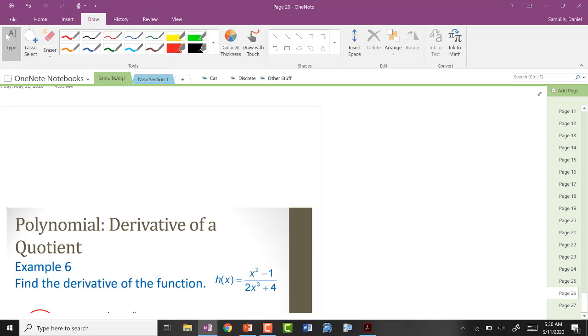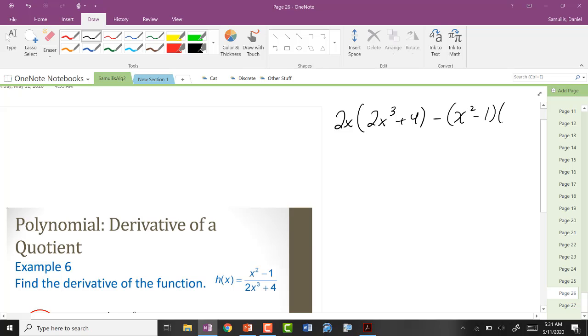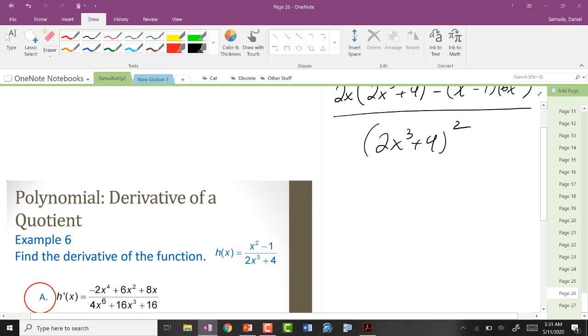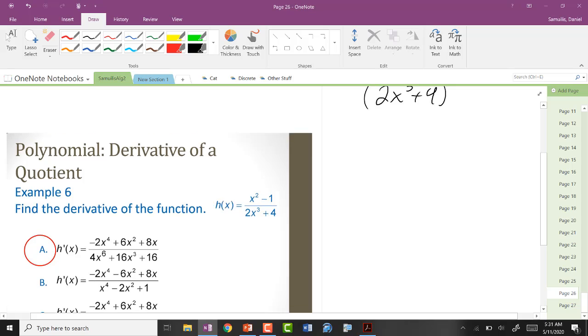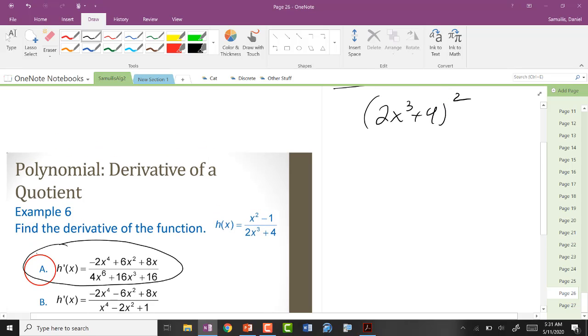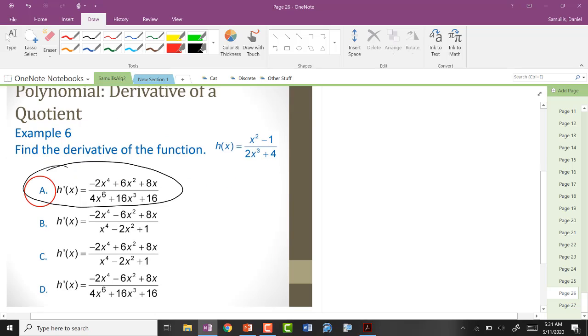That wasn't supposed to be there. Oh well. Anyway, going through the work on this one, it is the derivative of the first, which is 2x, times the second untouched, minus the first untouched, times the derivative of the second, over the second untouched squared. Distribute, combine like terms, and you should end up with this. Letter A.